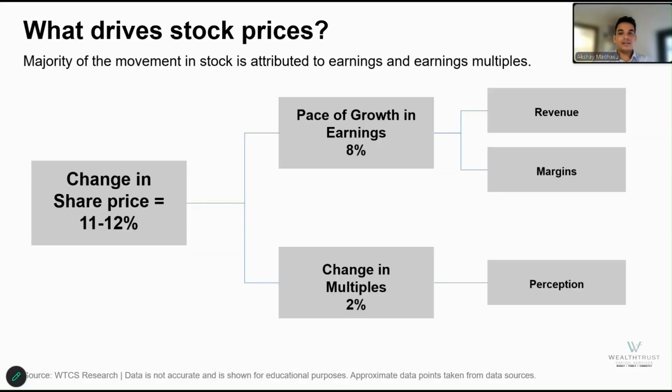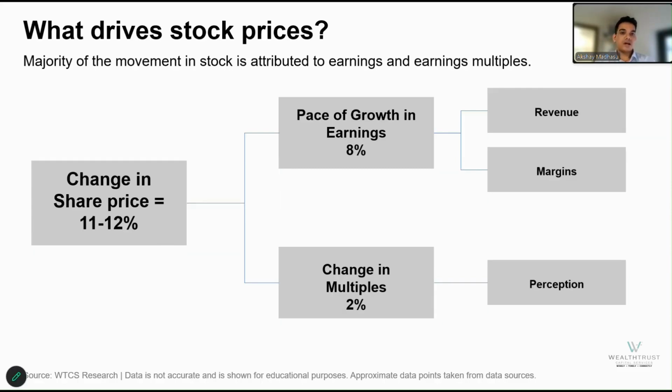Ideally, in a long-term scenario, if the share price goes up by 10%, 80% of that move is explained by growth in earnings and also change in multiples. The earnings themselves are driven by revenue and margins, whereas change in multiples is a function of perception.